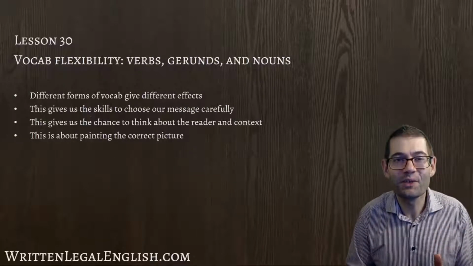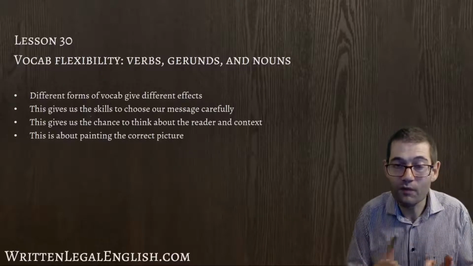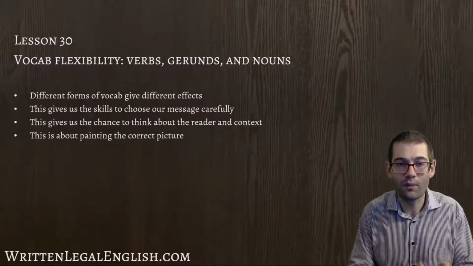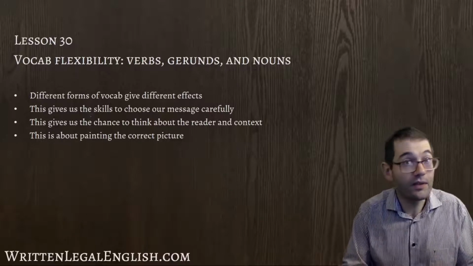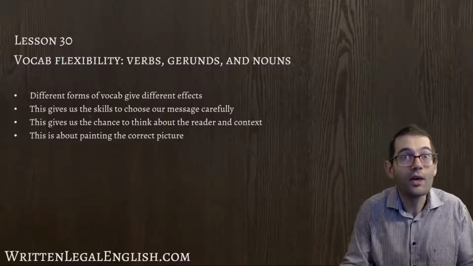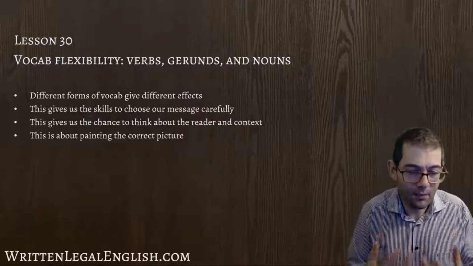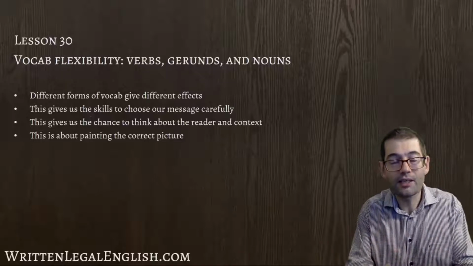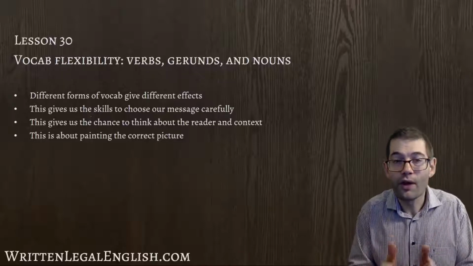Okay, over the last two lessons we've looked at how grammar, both the forms and the distinction between the active and the passive, allows us to create a different effect from our writing, something we need to pay attention to given the wider context and the message we want to communicate and hopefully the way that it would be understood.